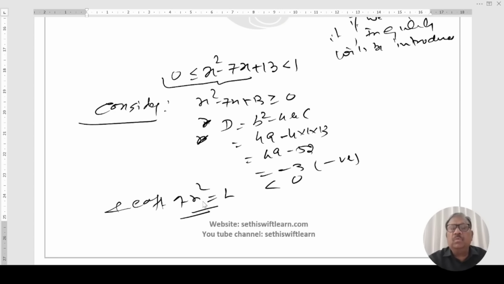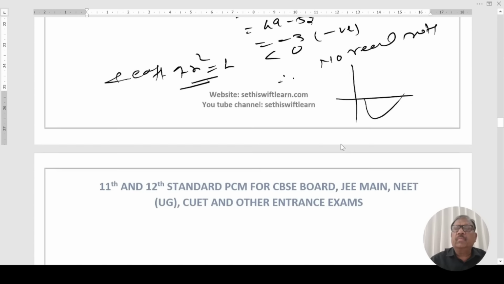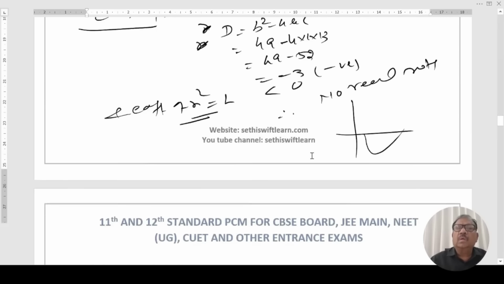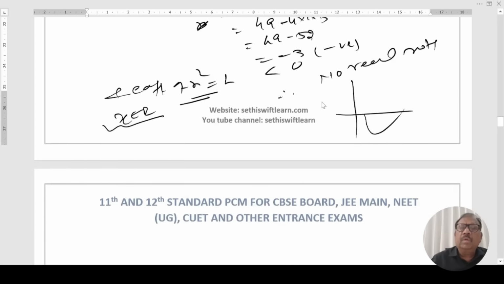Therefore, no real roots, and the graph will be like this, right? Now, x belongs to R. Whatever the value of x may be taken, answer will be a real value.